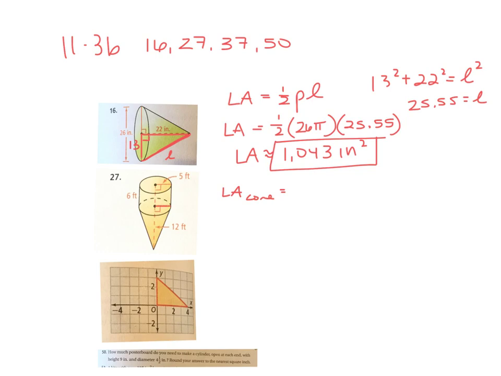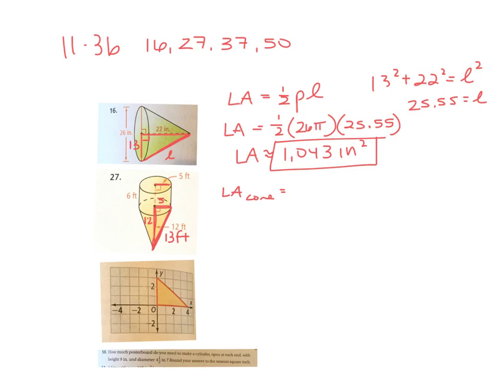Your cone has a radius, same as the radius of the cylinder, so that would be a radius of 5, and then a height of 12. If you need the slant height, which you do for lateral area, it would be 5, 12. That Pythagorean triple, if you know it off the top of your head, is 5, 12, 13. Otherwise, you can do 5 squared plus 12 squared equals L squared.